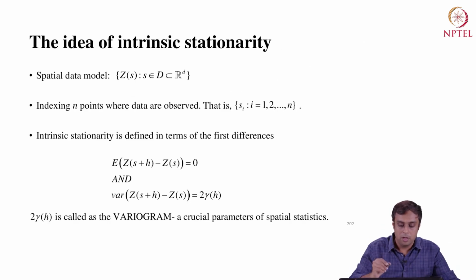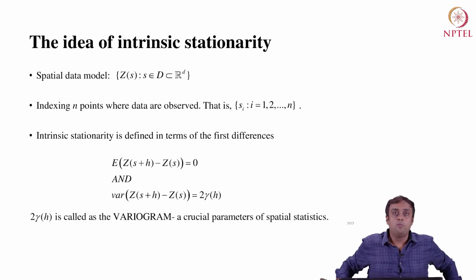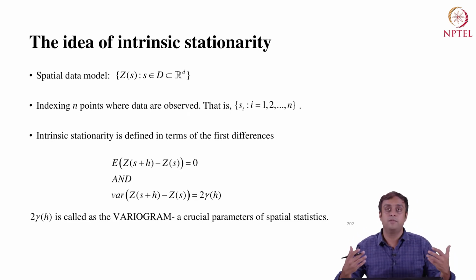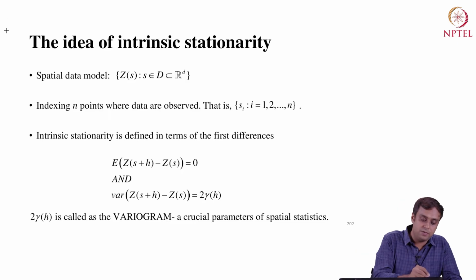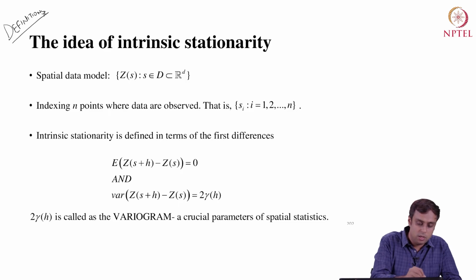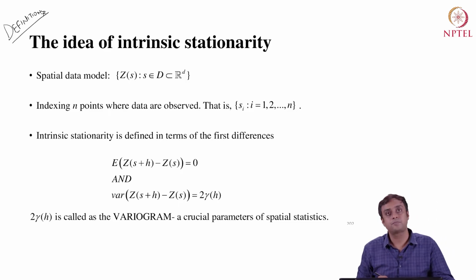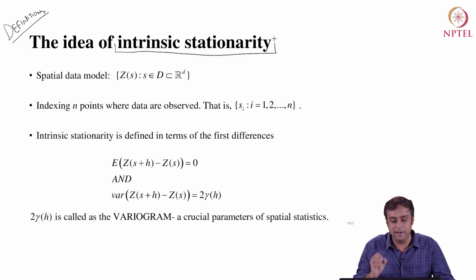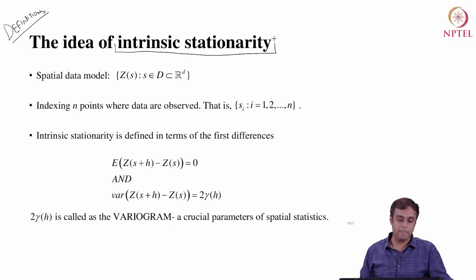Okay. So now I want to move on to the second part of this lecture, where I will give you formal definitions of stationarity, a mathematical exposition of stationarity. The first exposition that I want to talk about is called intrinsic stationarity, right.